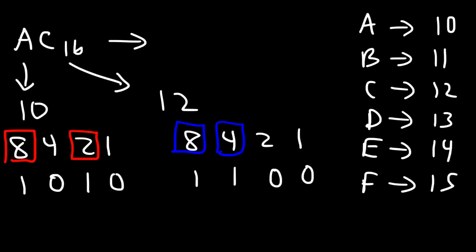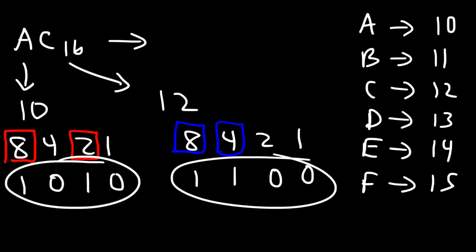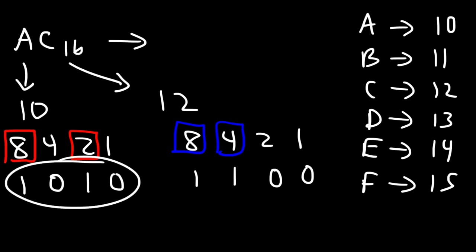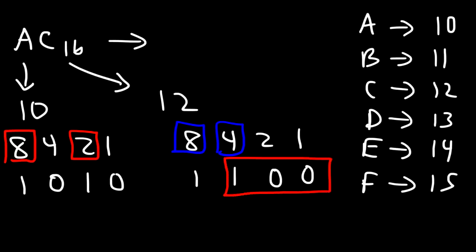Now the next thing we need to do is regroup the binary numbers. Right now, they're represented as groups of 4, but we need to change it to groups of 3. So the first group of 3 is 1000. I said that wrong. It's 100. And the second group of 3 is 101.